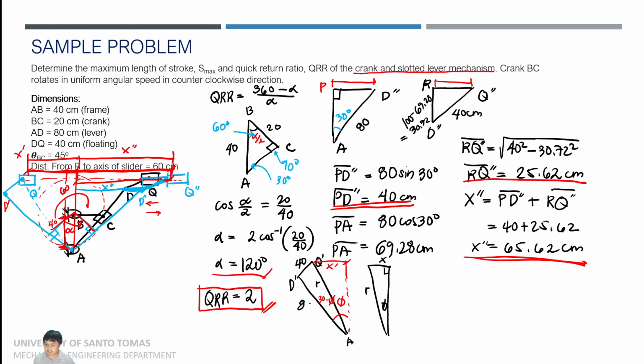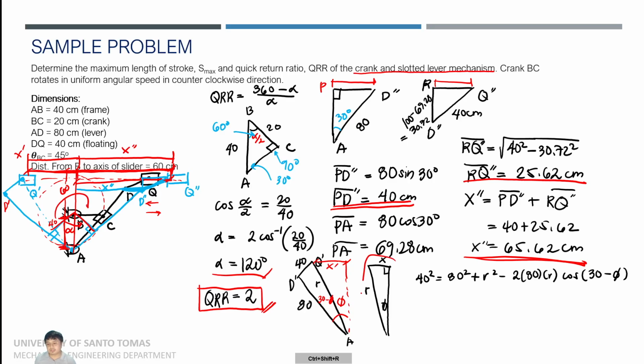And AD is 80 here. And phi is still phi. That's all we got, no? So you have 40 squared is equal to 80 squared plus r squared minus 2 times 80 times r times cosine of 30 minus phi. Okay, so this is your first equation.